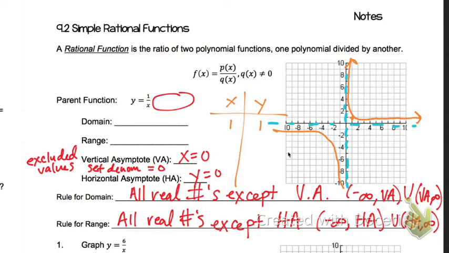If I put in -1, then I would get -1. So you're just testing to see which quadrant they go in, but the parent function's always going to be in quadrant 1 and quadrant 3.